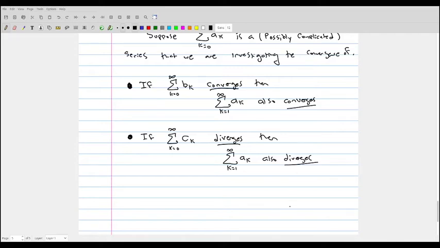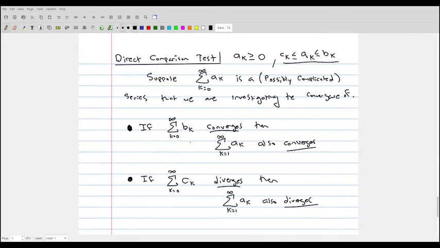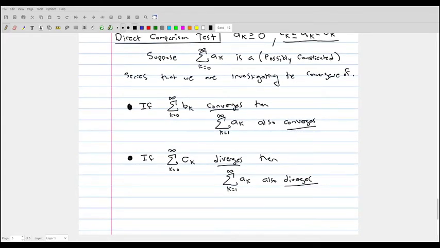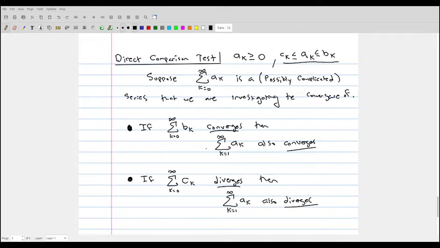So you can use these tests similarly to how you used them for the improper integral, this direct comparison test, which is a very, very nice tool.